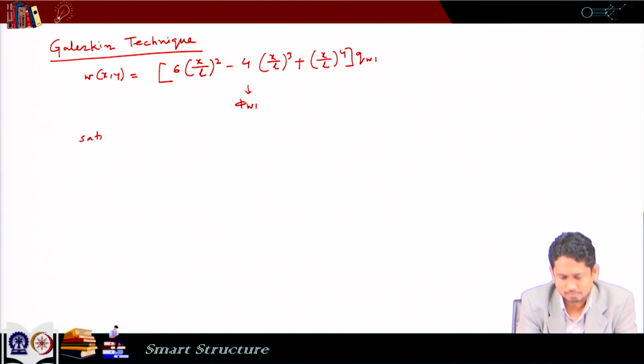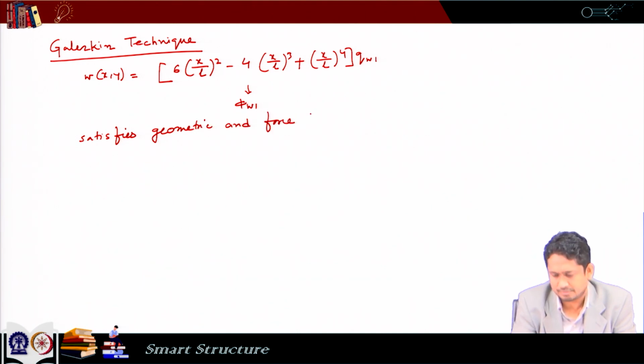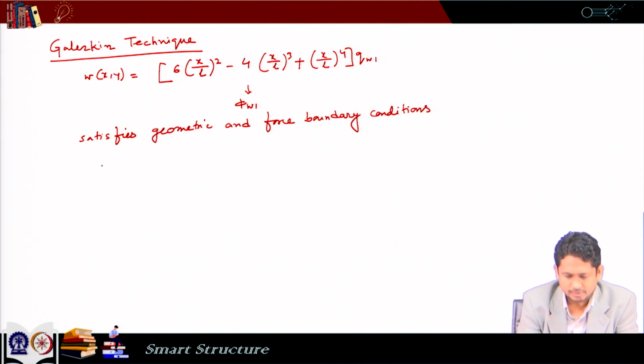So it satisfies geometric and force boundary conditions. So those conditions are W at 0 is 0.